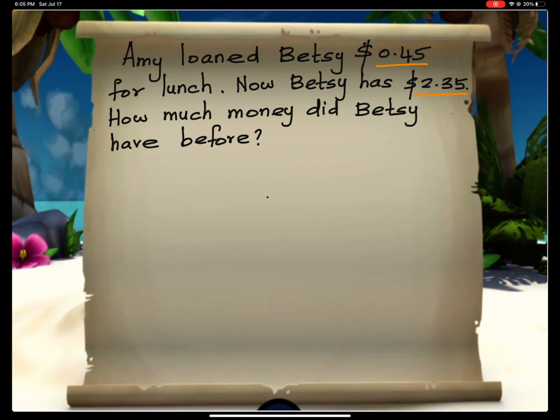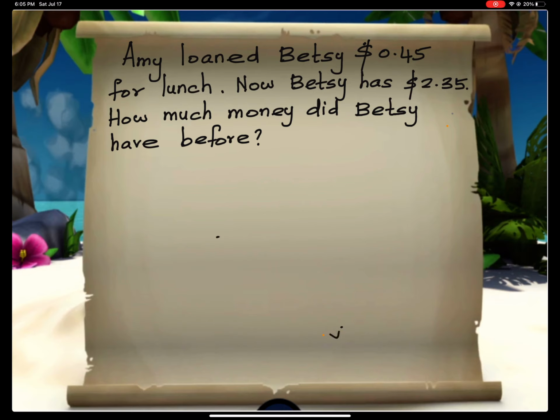When we add or subtract, if you see, the decimal point in 0.45 and in 2.35 is 2 digits to the left. So when we write the answer, we have to keep the decimal point 2 digits to the left. Let's do the problem.